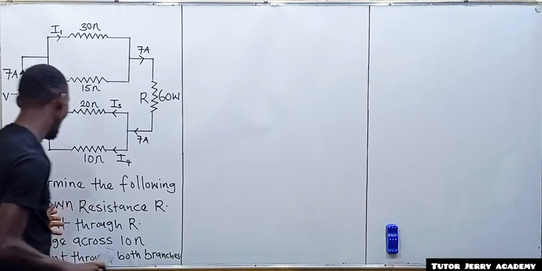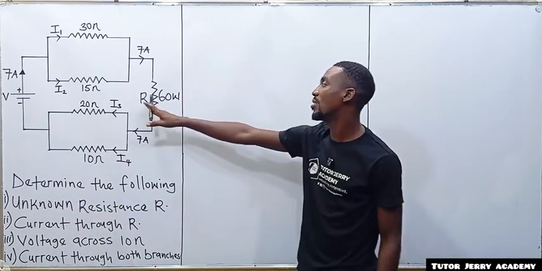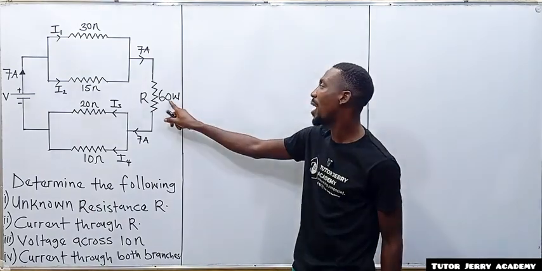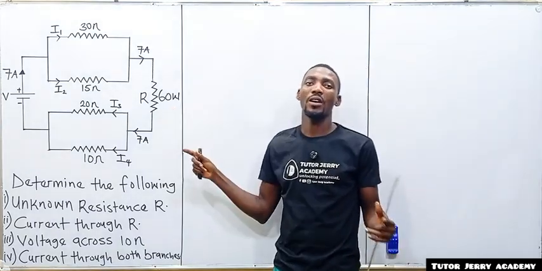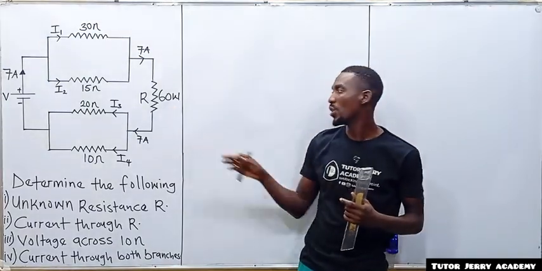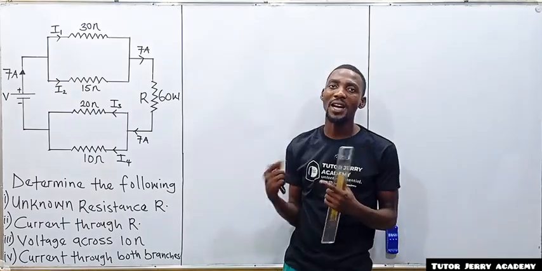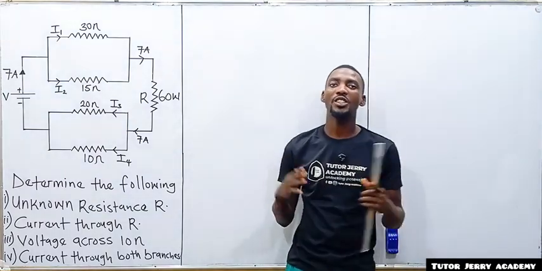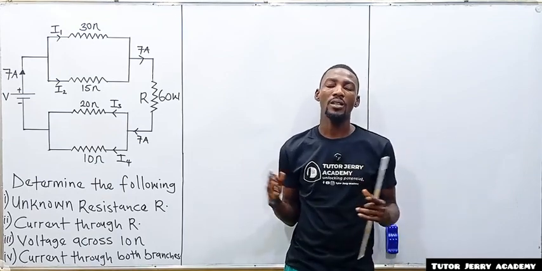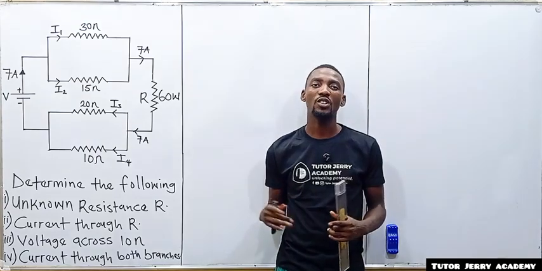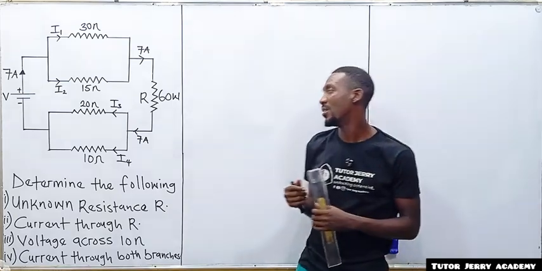All right, so now let's find the unknown resistance R. We don't know it, but we are given the power through this resistor as 60 watts. Since we know the current that passes through this resistor is 7 ampere, we recall from the relationship between power, current and resistance that power is equal to I squared R, that is, current squared multiplied by resistance.